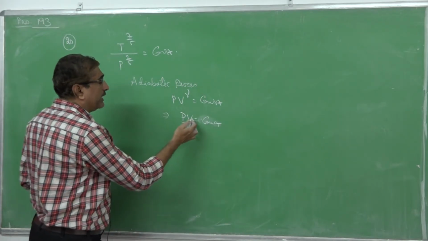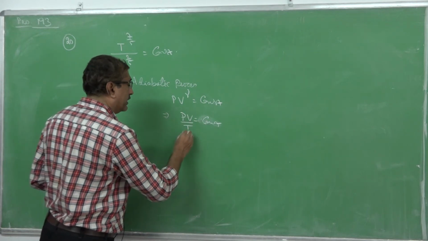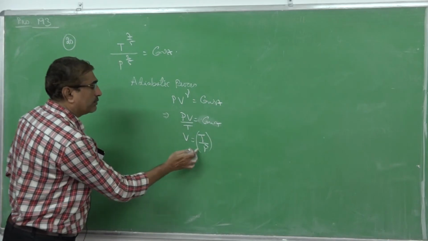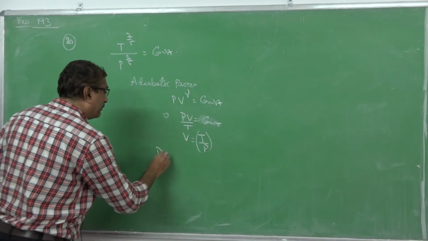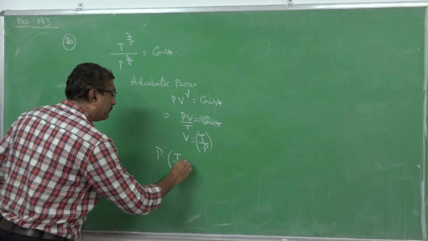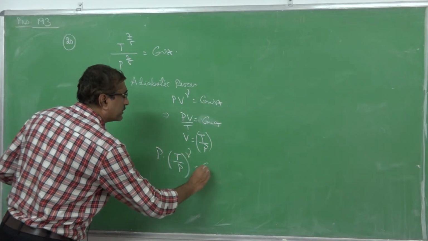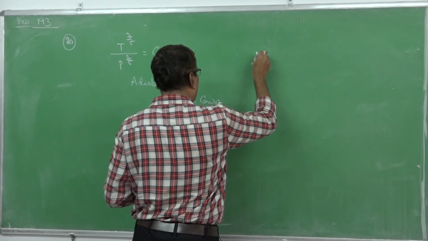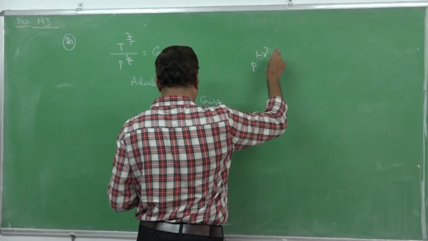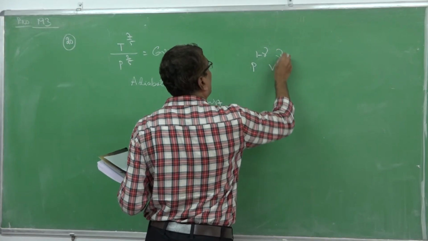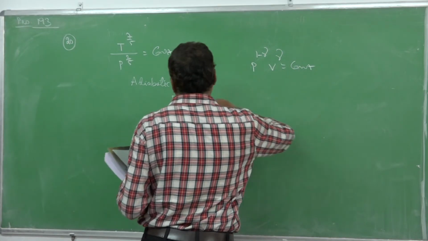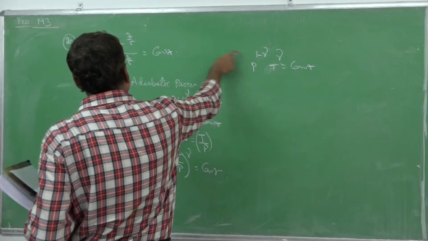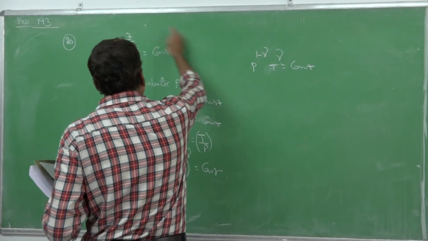Now writing volume in terms of pressure and T, V is equal to T by P. Substituting this in the equation, (T by P) whole power gamma is constant. So this is P power 1 minus gamma, T power gamma is constant. Now comparing these two, first you can verify with gamma equal to 7 by 5.